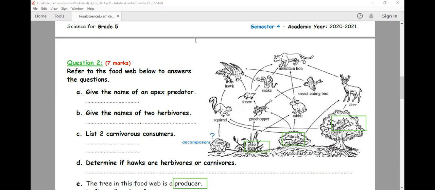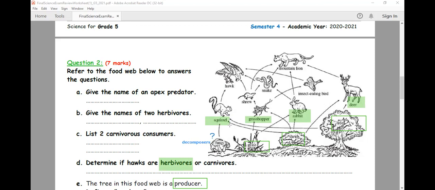Animals that feed on producers, animals that feed on plants, are called herbivores. Where are the herbivore animals in this food web? Deer, rabbit, grasshopper, and squirrel.